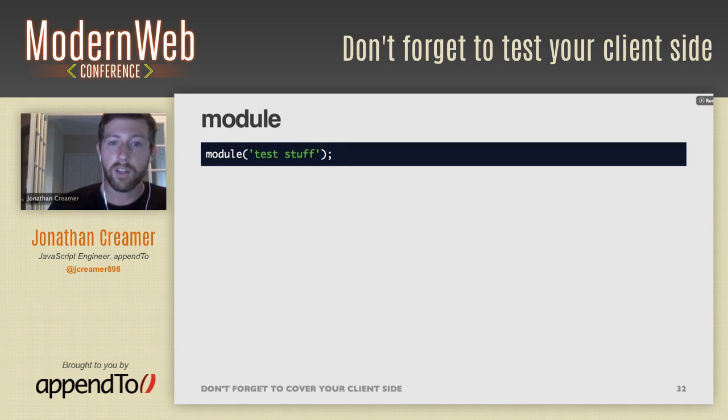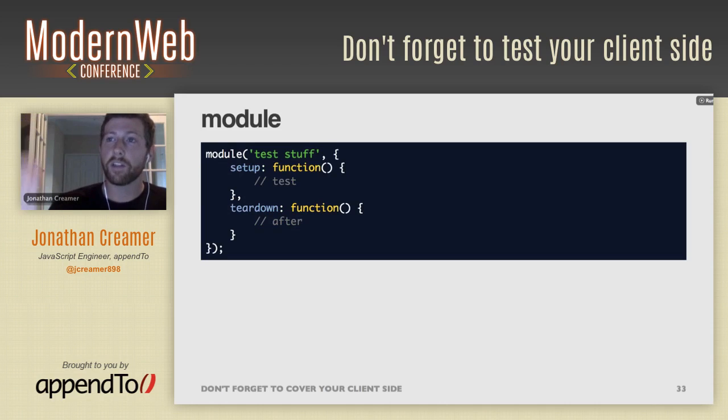And then you can also use these setup and teardown options. Setup will run before every test. Teardown will run after every test. And again, if you use this module with setup and teardown, you'll have your tests after it, and then you just do another module and it resets it.